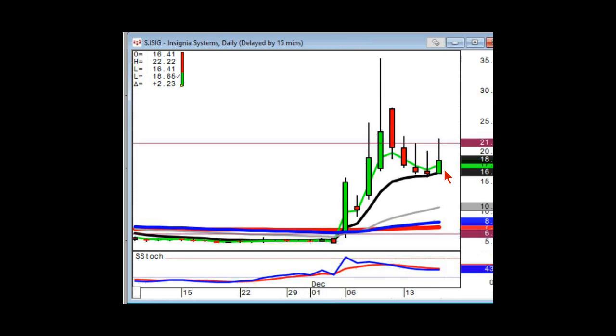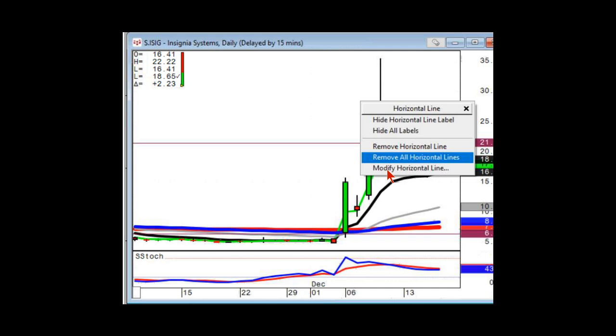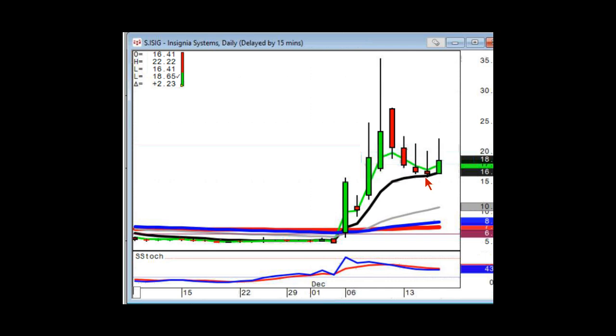ISIG, observe the obvious. Inverted hammer, bullish confirmation, and where did they do it? Right smack dab off the T-line. Oh, it was upgraded? All right.